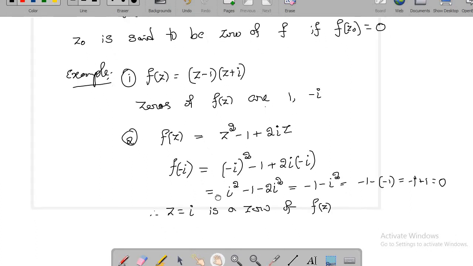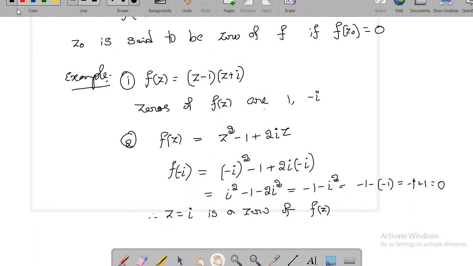Sorry, here I should write z equal to negative i. Observe that z plus i whole square is nothing but this expansion, z square minus 1 plus 2iz. Now the multiplicity of z equal to negative i is 2. Why?